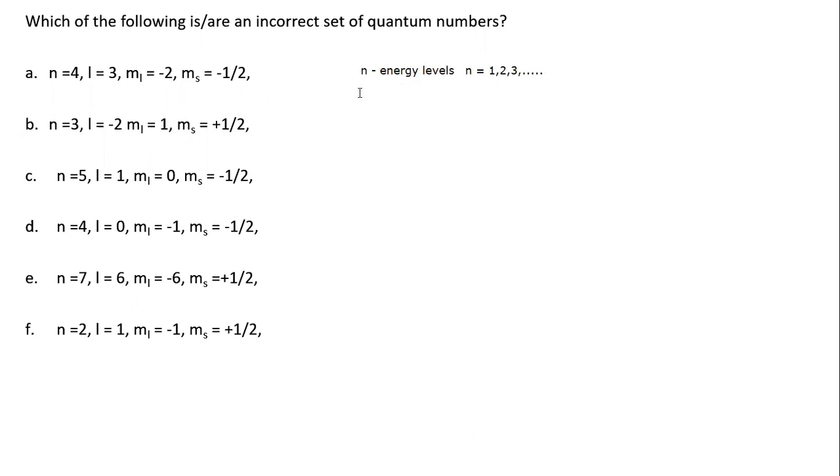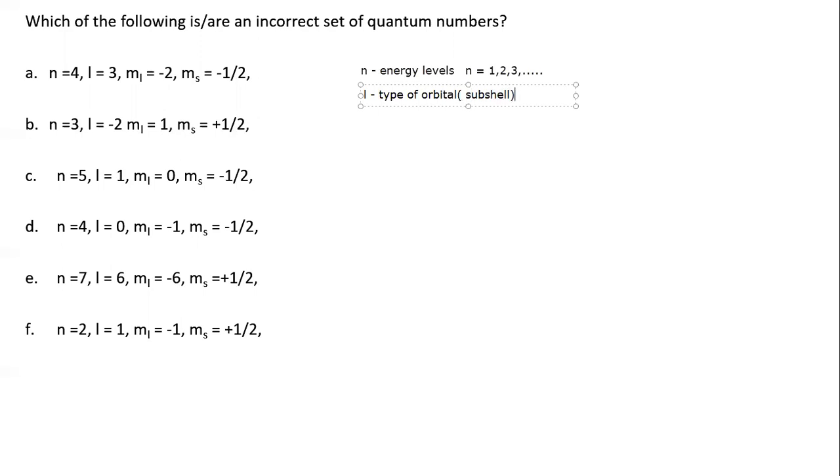The second quantum number tells us the type of orbital. Usually that's a cursive L, but there's no cursive on this, so I'll just put L. It's the type of orbital, sometimes referred to as a subshell.